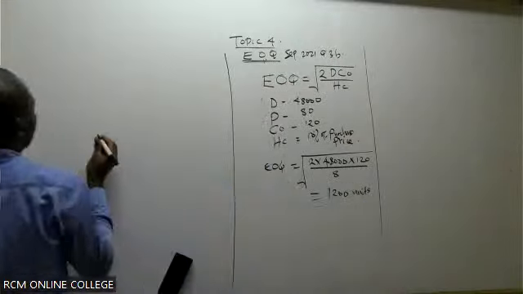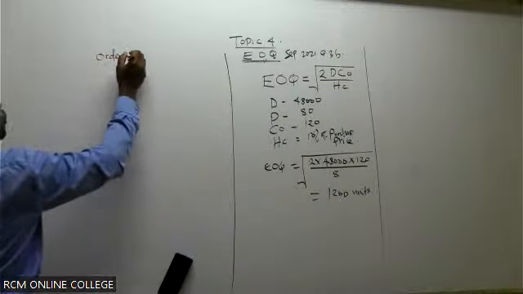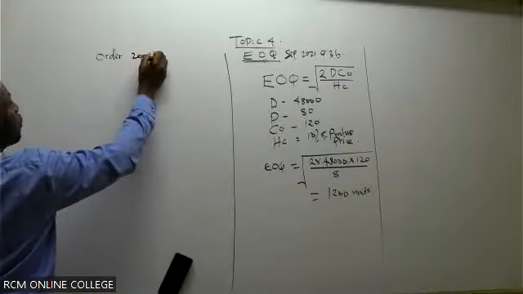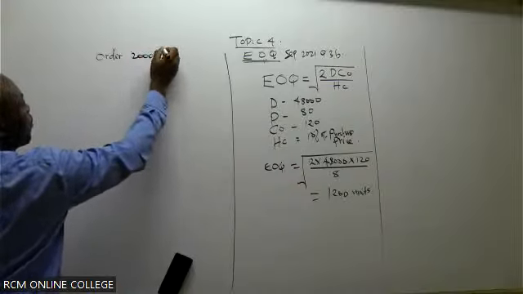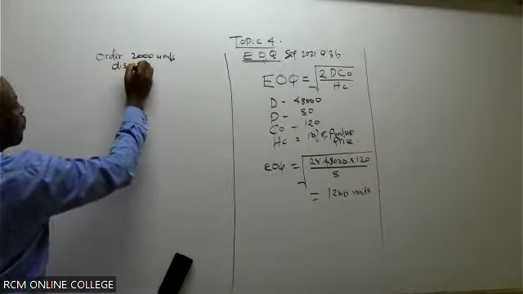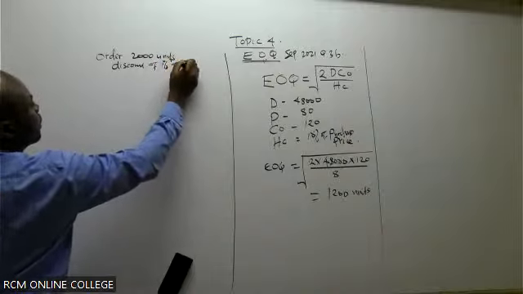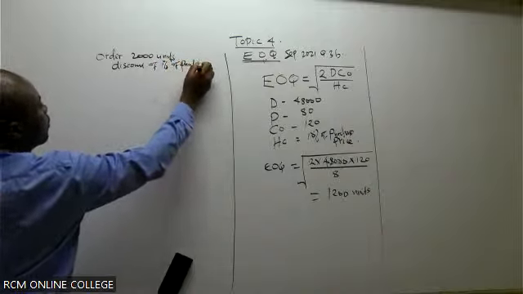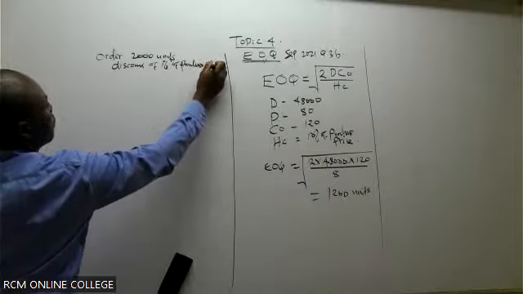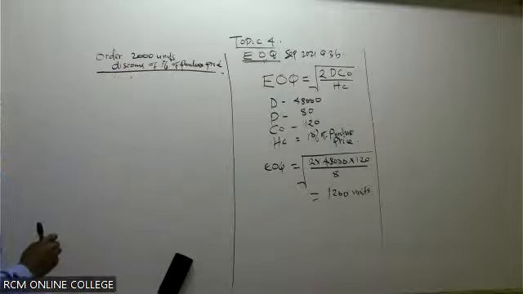The offer is to order 2,000 units and then enjoy a discount of 1% of purchase price. So if you order 2,000 units, you're going to enjoy a purchase price discount of 1%.